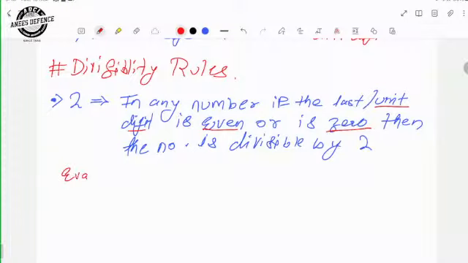Even numbers are the numbers which are multiples of 2 or divisible by 2, and the standard form of an even number is 2n, and the standard form of an odd number is 2n minus 1 or 2n plus 1. You get my point?